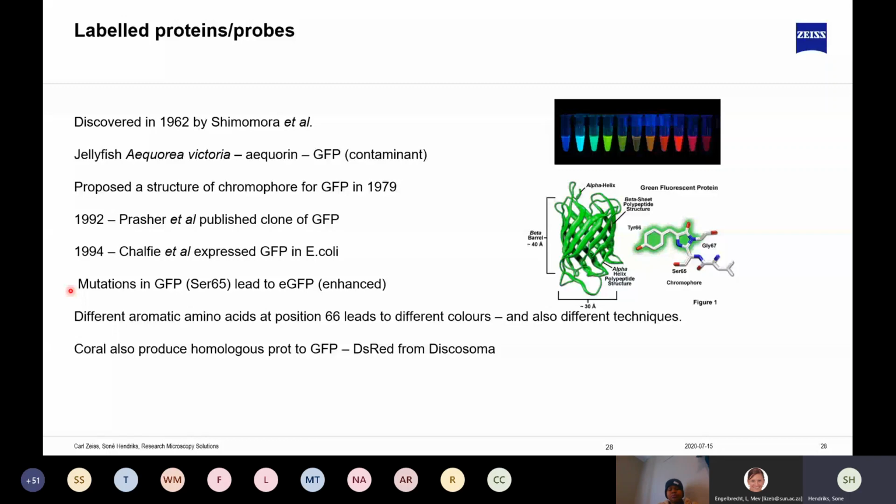They've also seen that if you put different aromatic amino acids at position 66, you can get a whole rainbow of different colors, and also use this for different techniques. Then there are also some labeled proteins which can be used for different colors. Some of them are derived from coral, other sea corals, and one example is, for example, DS red.